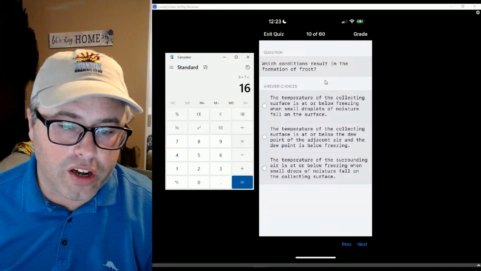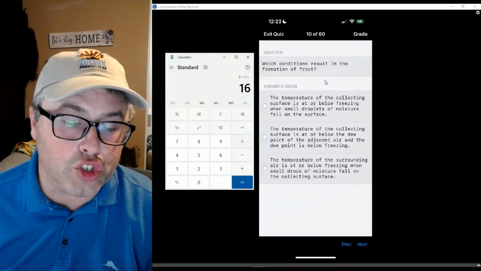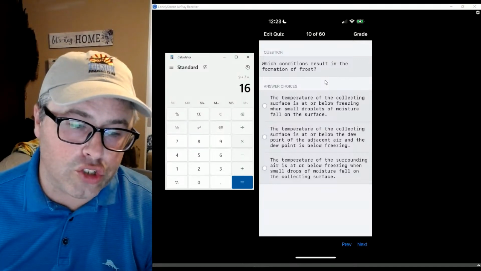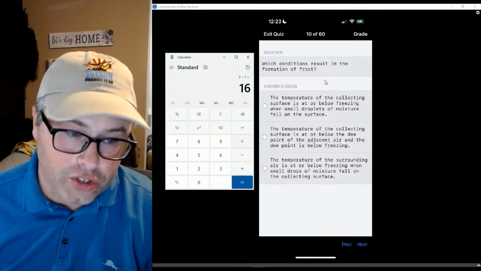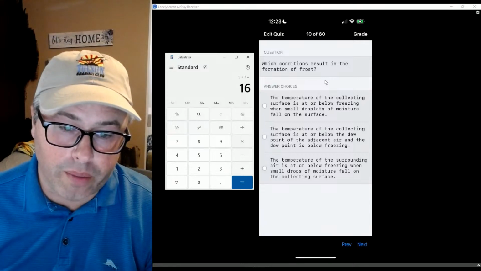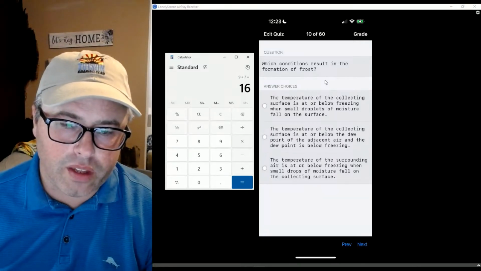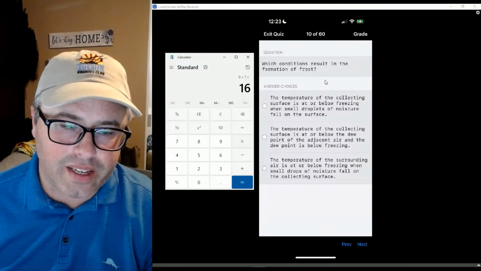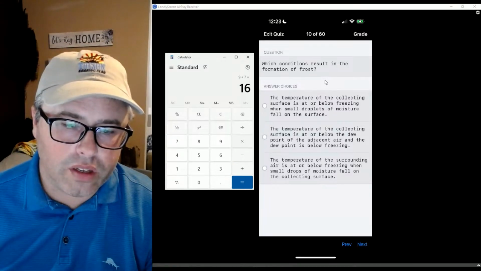The temperature of the collecting surface is at or below the dew point. Okay, if it's at or below the dew point, that means you'll get dew, liquid water, but not frost. And then they also say the dew point of the adjacent air is below freezing.